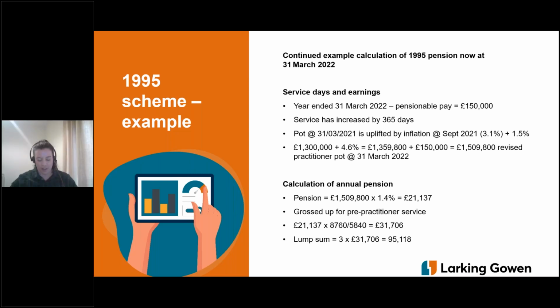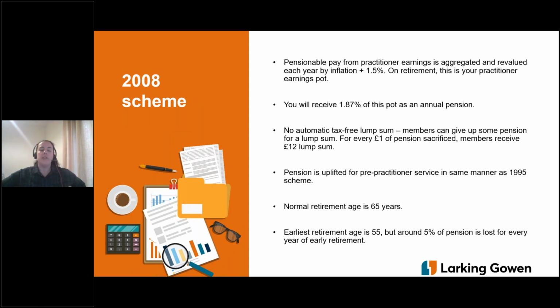Okay, so the 2008 scheme. Let's talk a little bit more about this, and then again we'll look at an example. When we look at the pot that your pension is based on, the treatment is the same as the 95 scheme for the practitioners we're looking at.